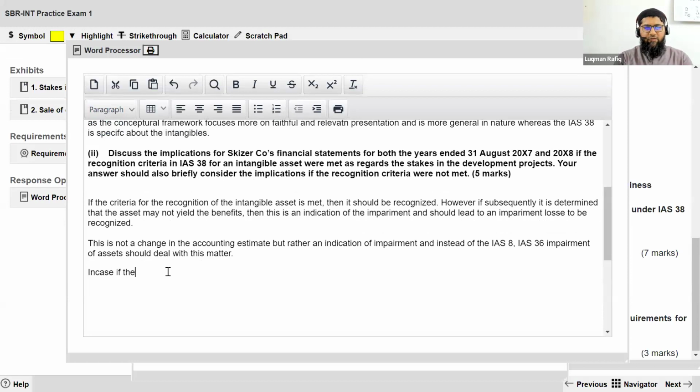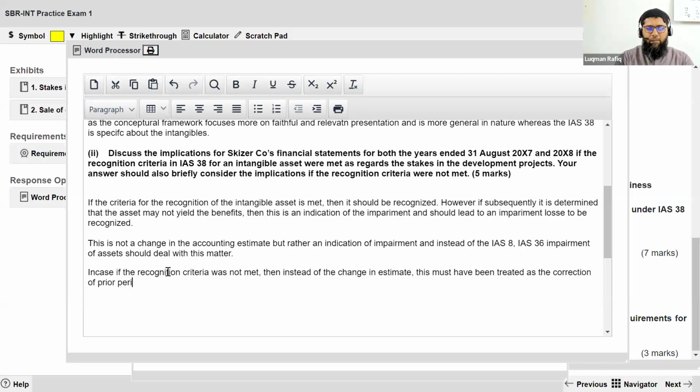In case the recognition criteria was not met, then instead of a change in estimate, this must have been treated as the correction of a prior period error.